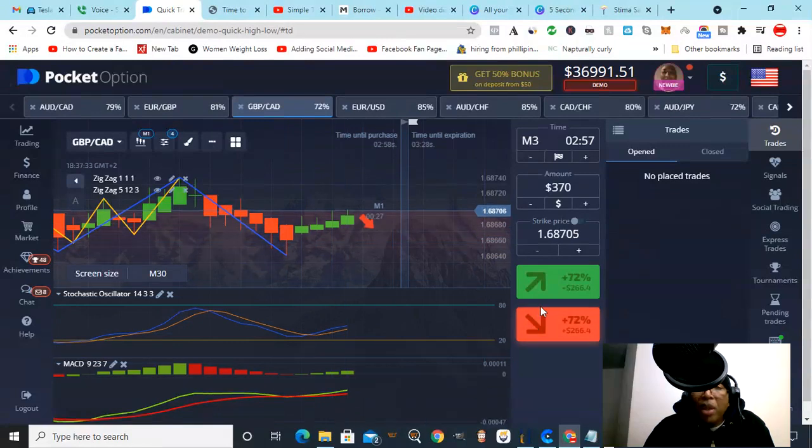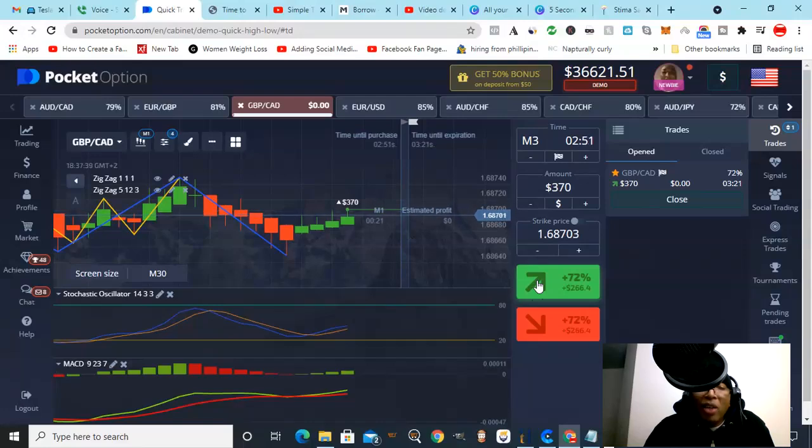You can see the long wicks. That tells you the market is very unstable. Guys, you can see the long wicks, but let's just take that and see. We could win or lose. It's not the very best that I would like to, but since I'm doing this on my demo, maybe I can show you guys that this strategy works. But that was not the very best setup, but they are going up.